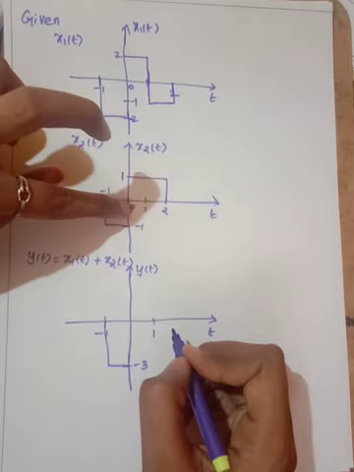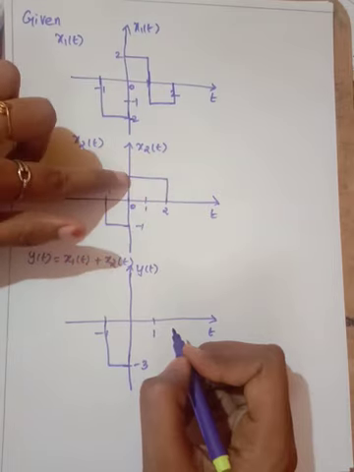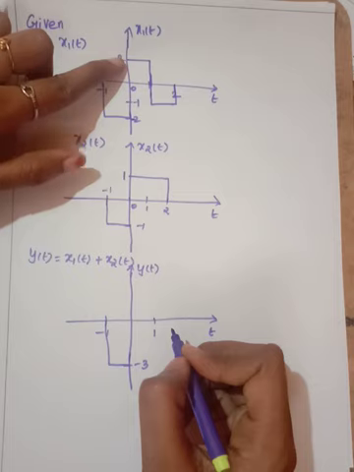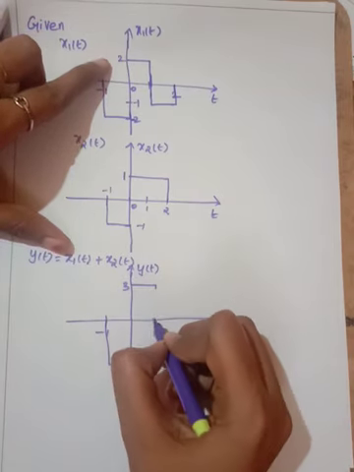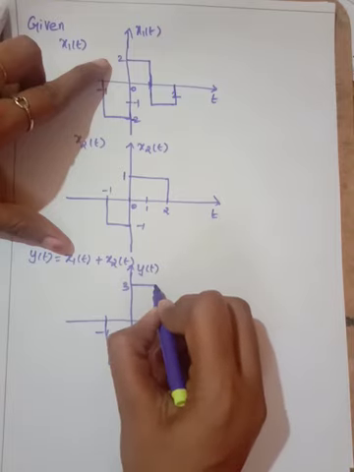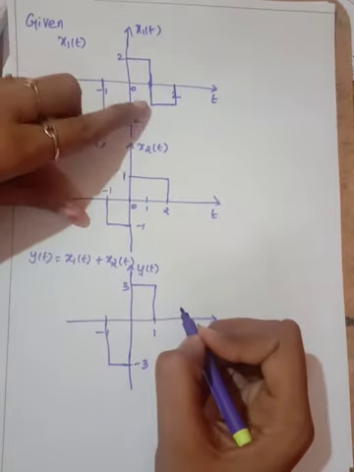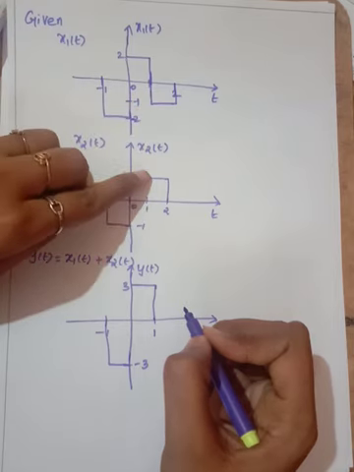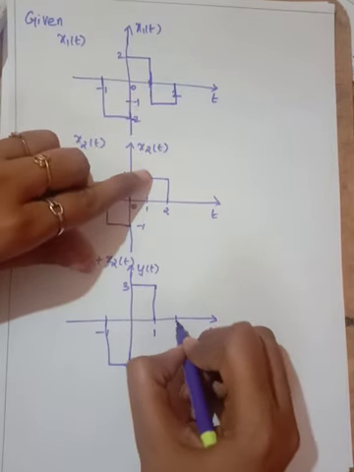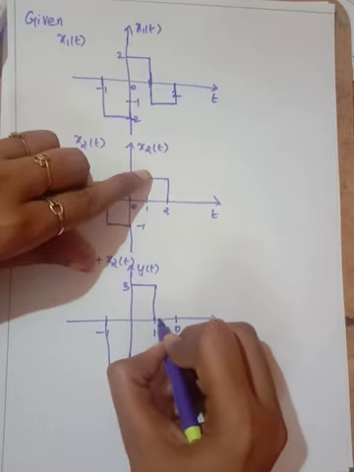So -1 to 0, then 0 to 1. From 0 to 1, here it is 1, here it is 2, so you get 3. The next one is 1 to 2, where you have -1 and +1, so it is 0. Here there are no values.